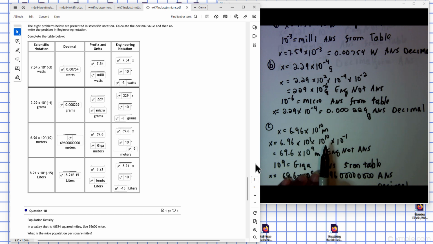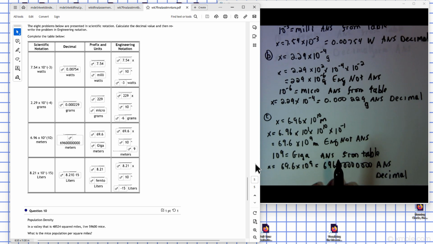And that makes this 10 to the 9th here, and 10 times 6.96 is going to be 69.6. And that's my engineering form. And if you look at the table, 10 to the 9th corresponds to giga. Then they want to see it in decimal form, so I multiply this out. And I get this in my decimal form. And that's part C.